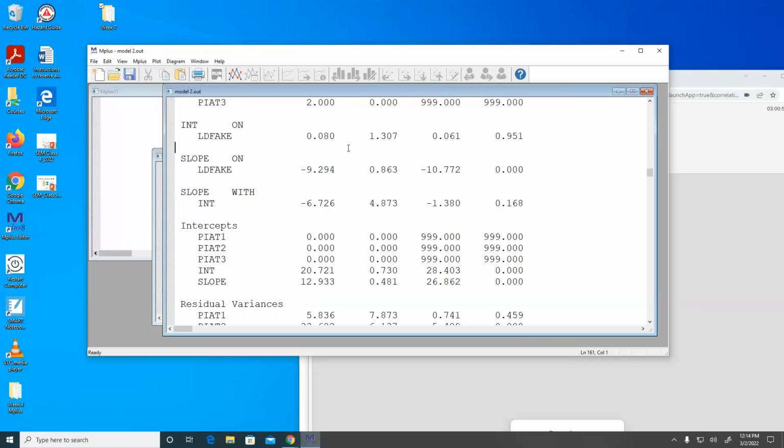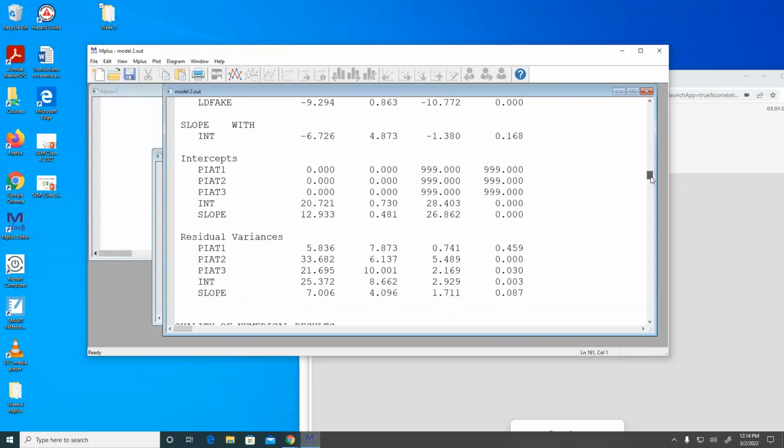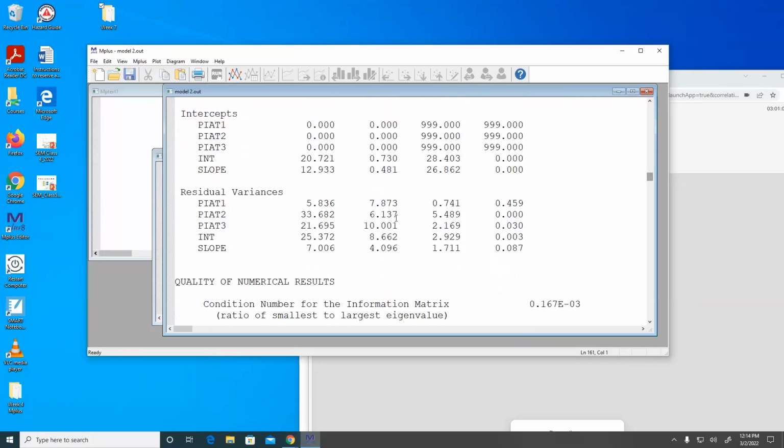And finally, I might want to look at these unstandardized residual variances to see if it looks like I'm explaining much of the variance. I had the variances here. Remember, this was like 25, and this was 27.56, the residual variances for the intercept and slope factors.